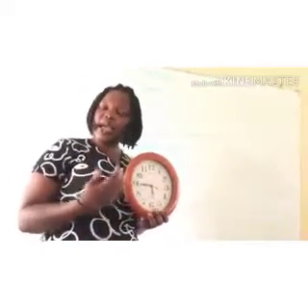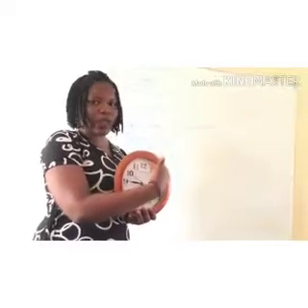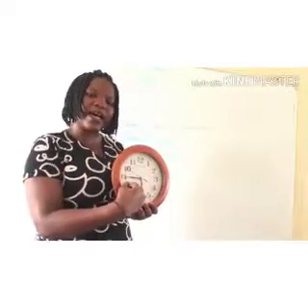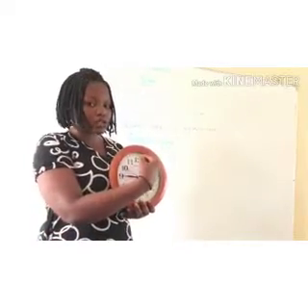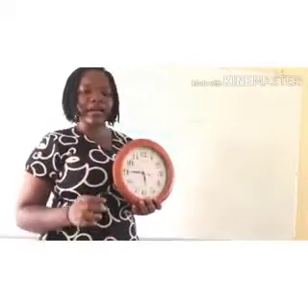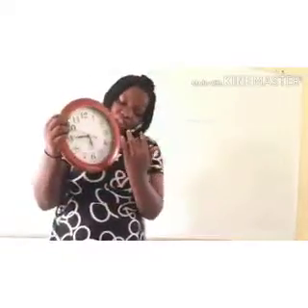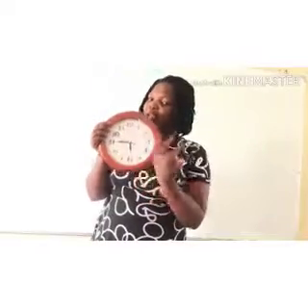When the minute hand is at 9, the time is a quarter to. It is going to 12. The minute hand is moving towards 12. That is why we have quarter to. When the minute hand was at 3, it moved past 12. That is why we said quarter past.